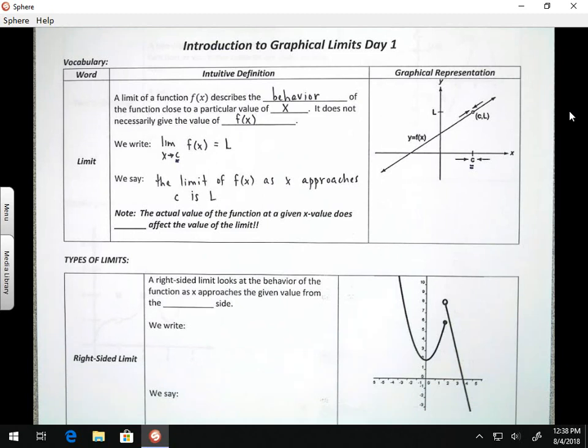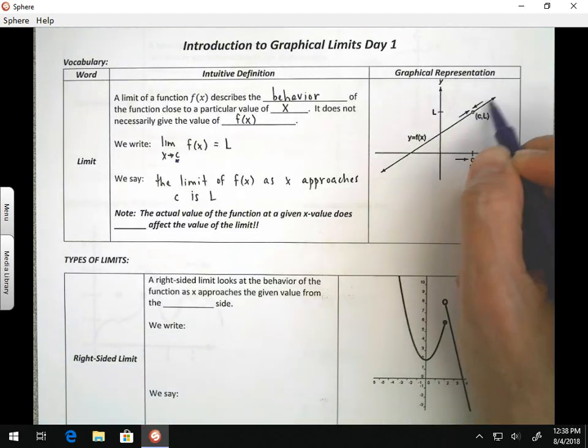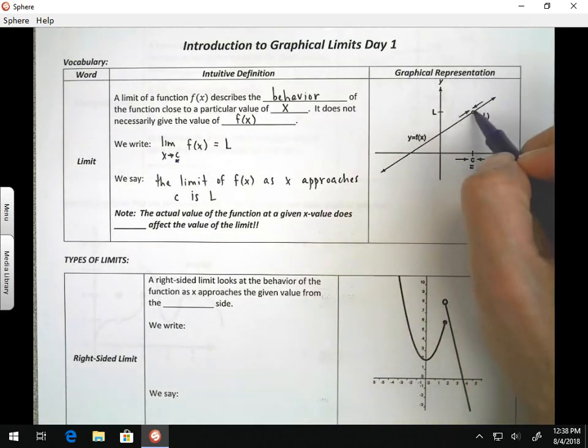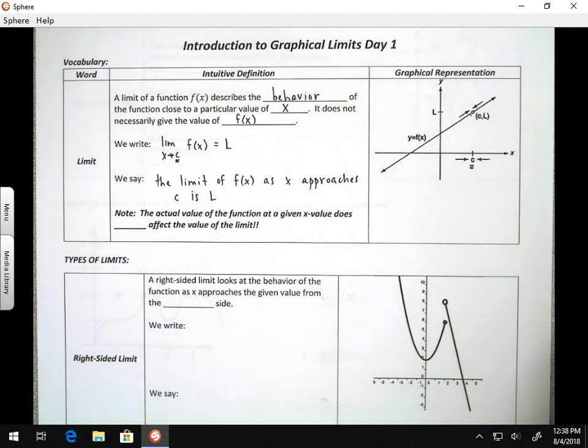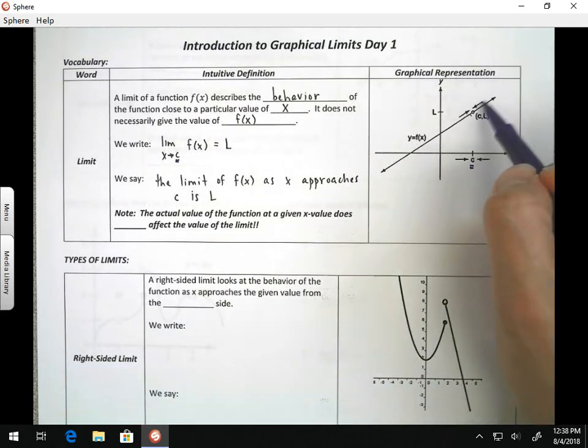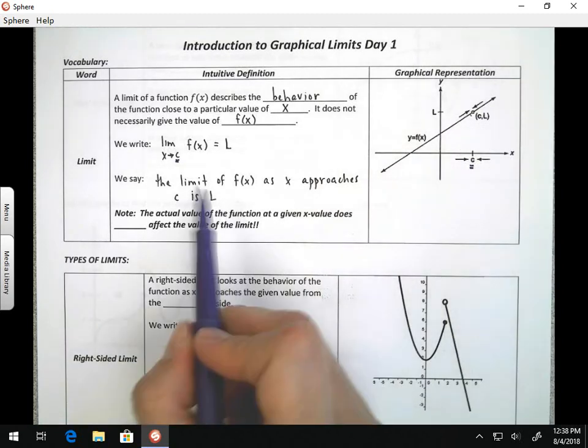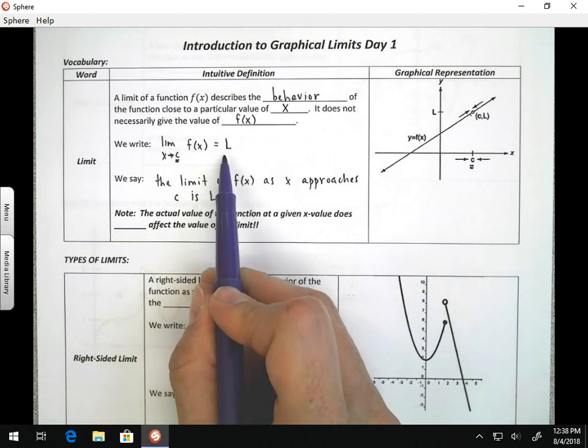When we're looking at a limit, what we want to know is, around this x value, what's our function doing? We can see here, even though the function itself is undefined at c, that both from the right and the left side, the function is approaching L. And that's why we have stated that our limit is equal to L.